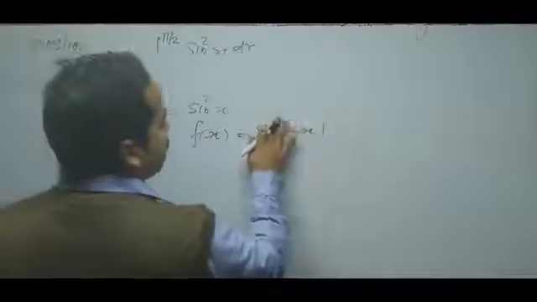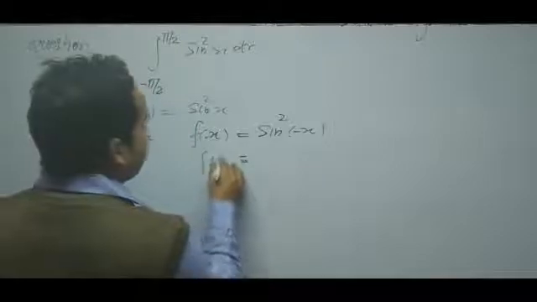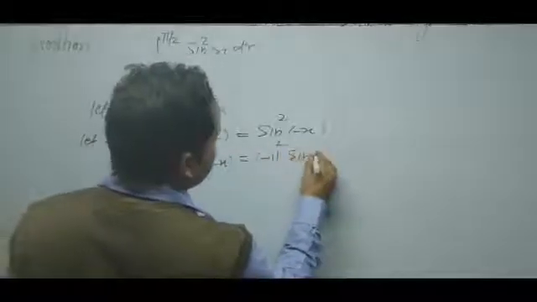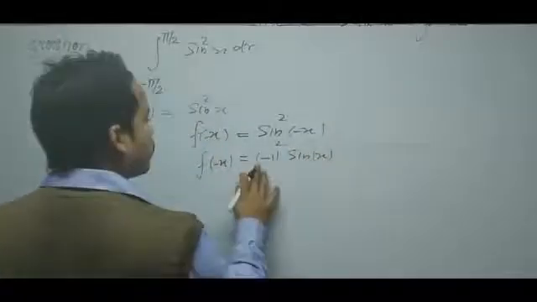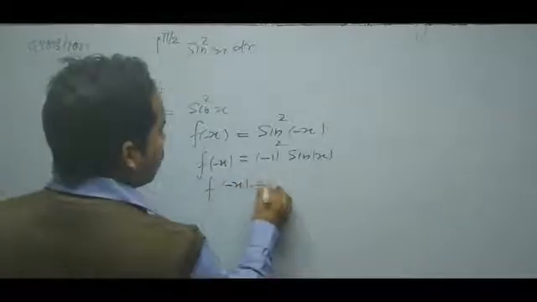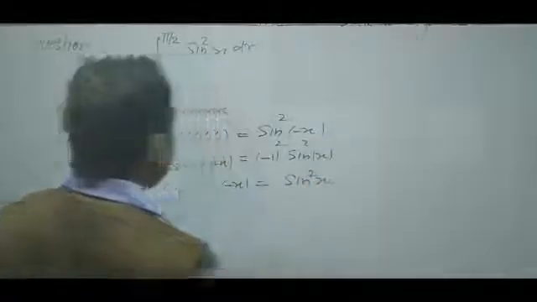Sine of minus theta is minus sine theta. So we can write f of minus x as (minus 1) to the power 2 sine square x, and this result we can write as sine square x.